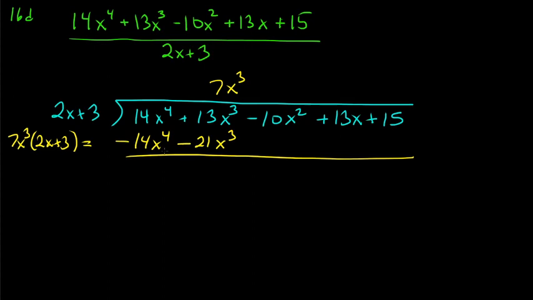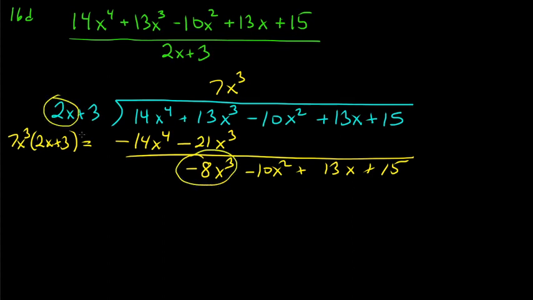So 14 minus 14 is 0. 13 minus 21 is going to be negative 8x cubed. And then minus 10x squared plus 13x plus 15. So just bring those down. But in the next step, when we go back to step 1, we divide the negative 8x cubed by the 2x. So that's negative 4x squared.